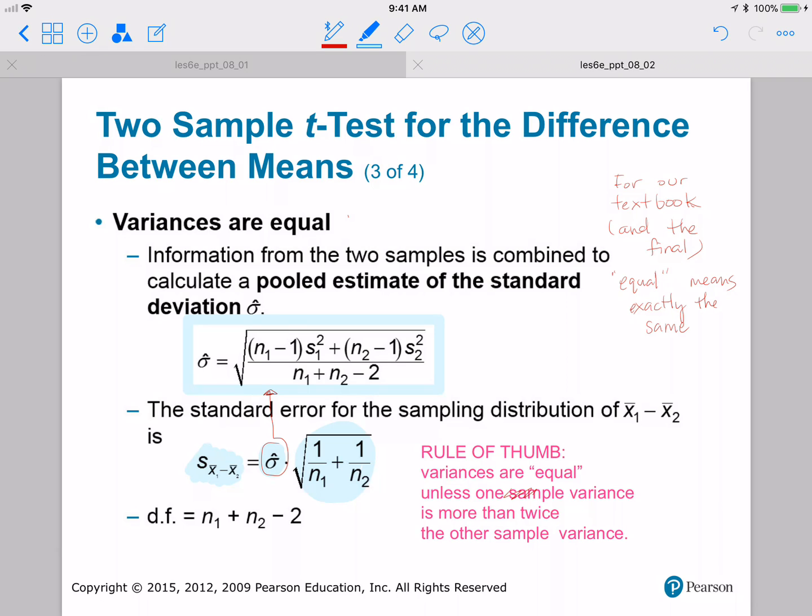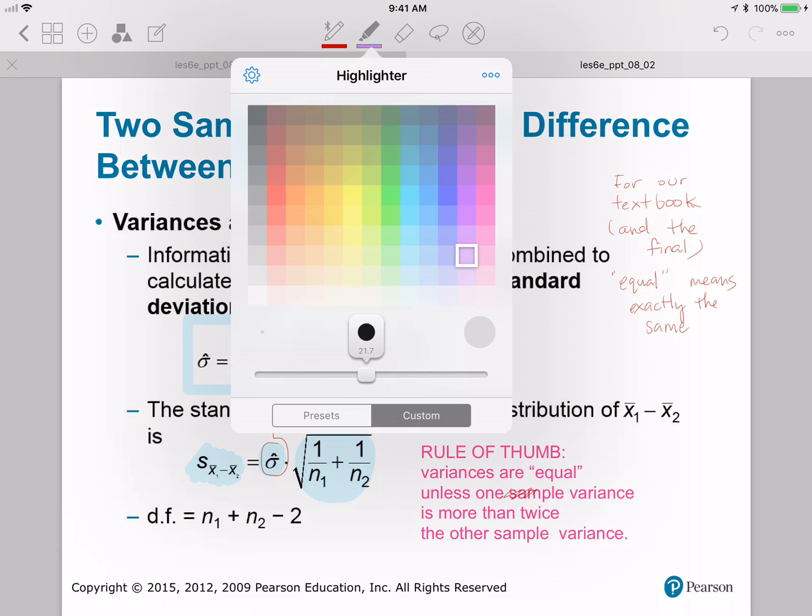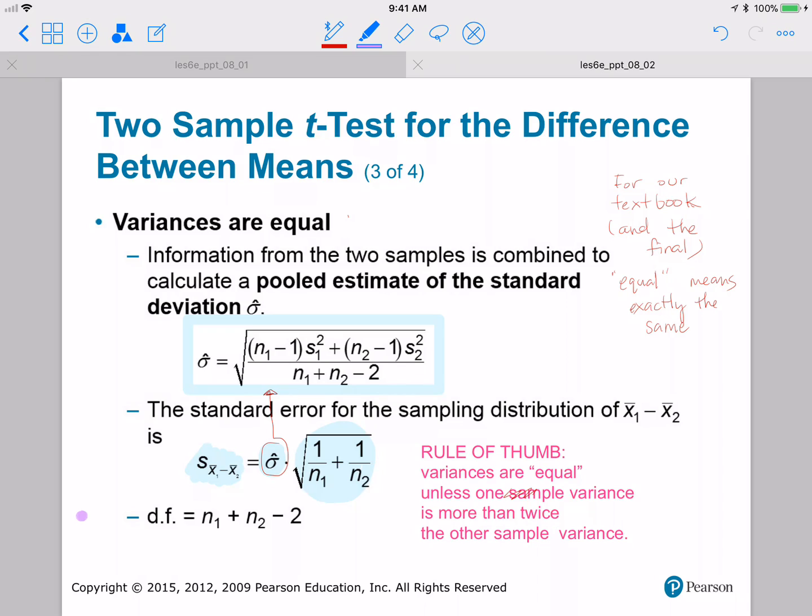Also, let's take note that we've got a different definition here. The degrees of freedom matter because we're going to be working with a t-test. With a t-test, you've got a t-distribution, which means there are several different t-distributions, and which one you have depends on your degrees of freedom. For a z-distribution, the standard normal distribution, there's only one.